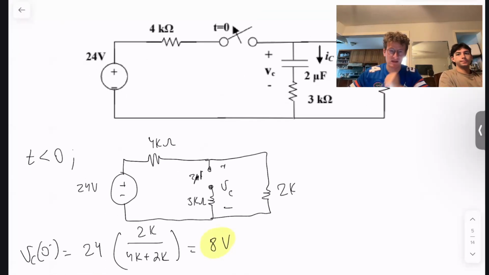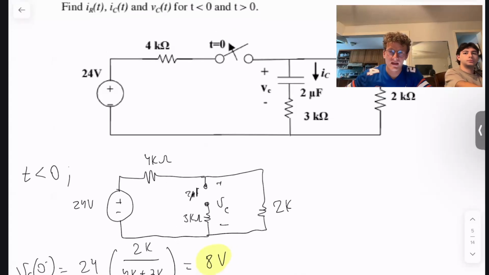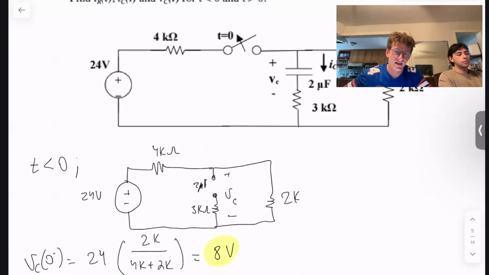As you guys know, when a capacitor is fully charged, it acts as an open circuit. So that essentially allows us to ignore these two components here while we're doing our analysis for t less than 0. So the voltage across the capacitor is essentially the same as the voltage across this 2 kilo ohm resistor.